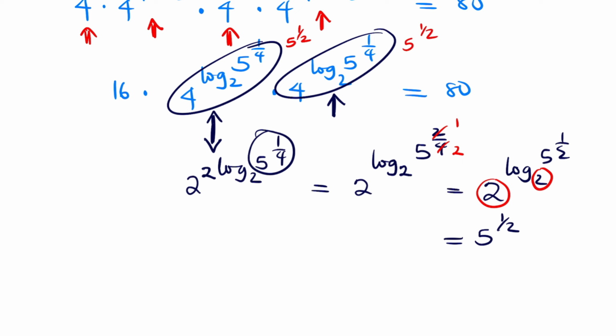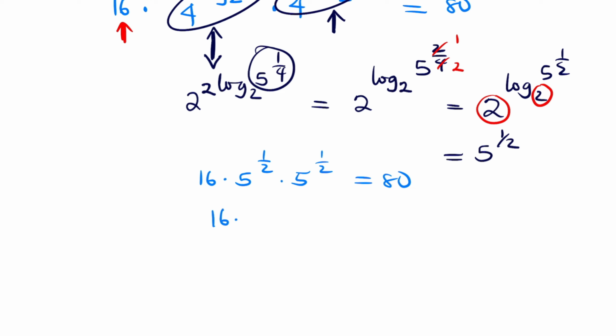Therefore, what we are left with is 16 times 5 raised to power 1 over 2 times 5 raised to power 1 over 2. If we write that out, we have 16 times 5 raised to power 1 over 2 times 5 raised to power 1 over 2, and this should give us 80.